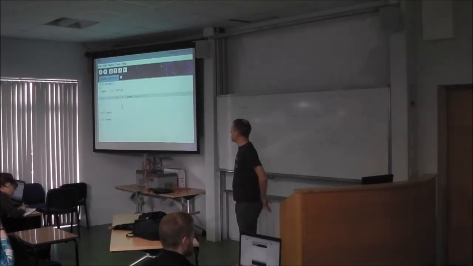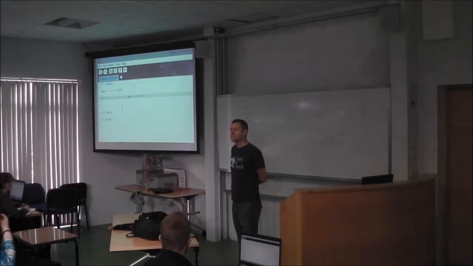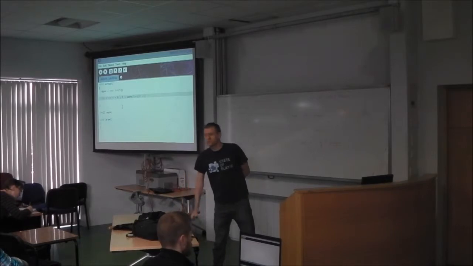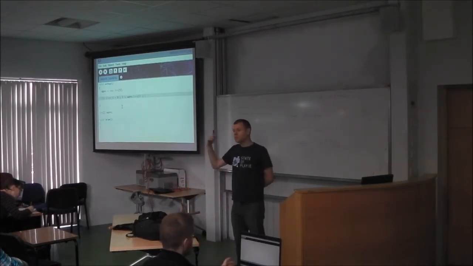Why do we not go i is less than or equal to ages dot length? Why is it less than ages dot length? Because the array starts at 0 and the last index in the array is 1 less than the number of elements. So if the array has got 5 elements in it, the indexing goes from 0 to 4. So we want to jump out as soon as i becomes ages.length. We don't want to iterate anymore.